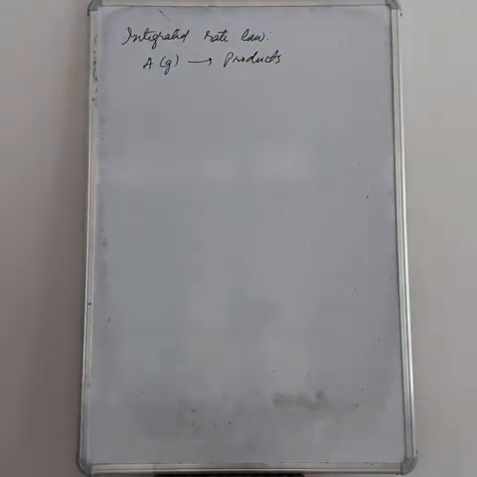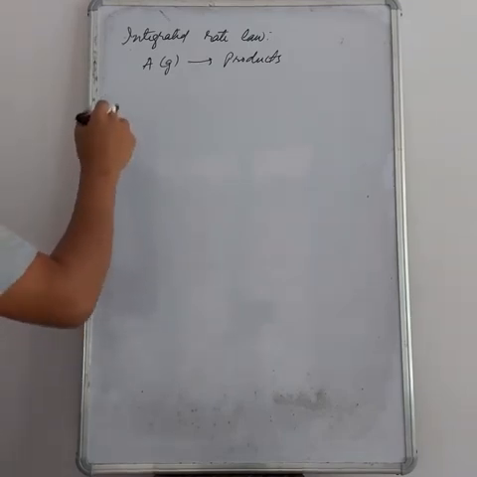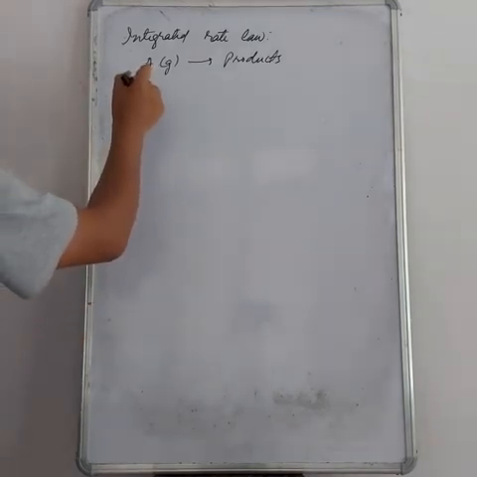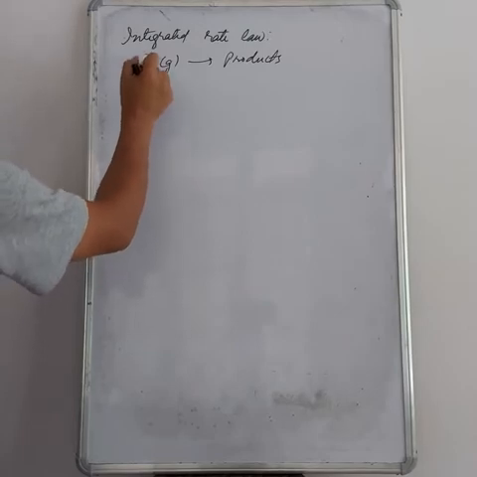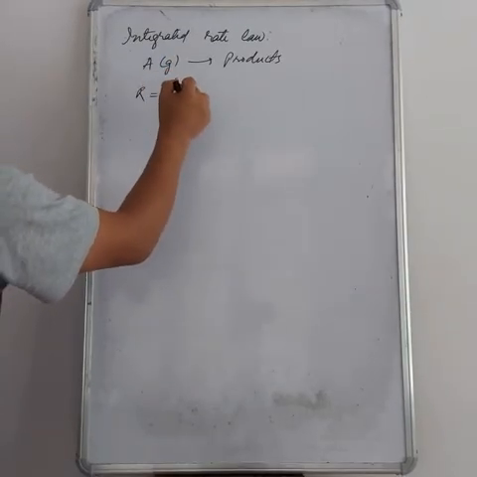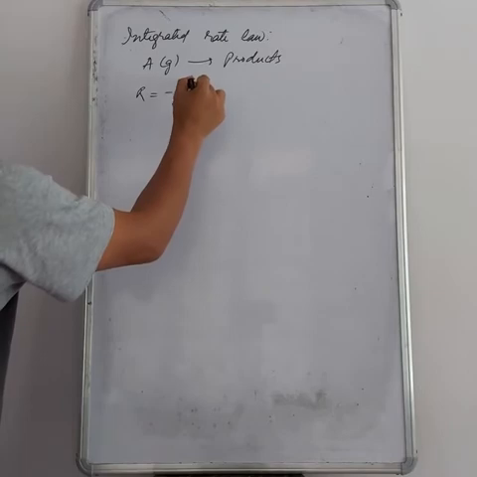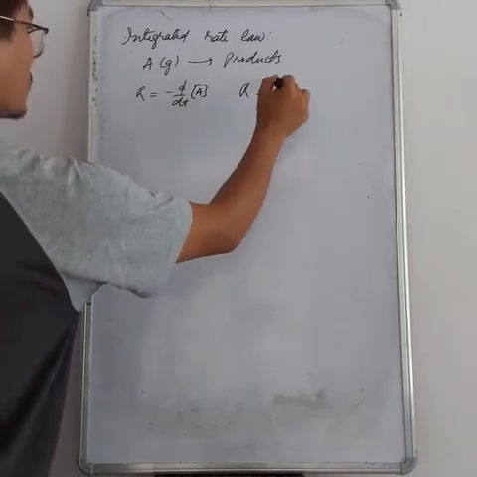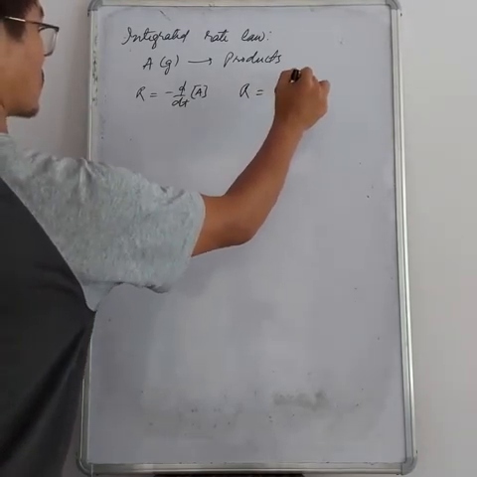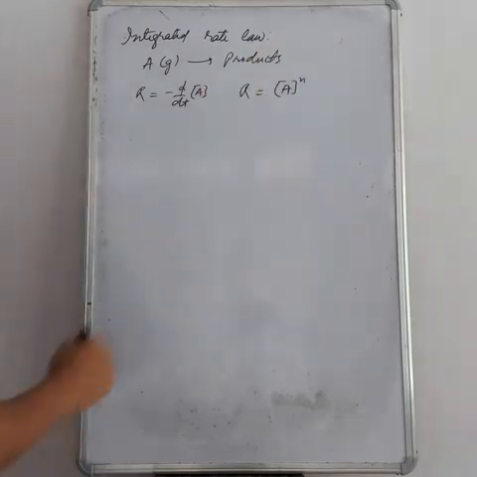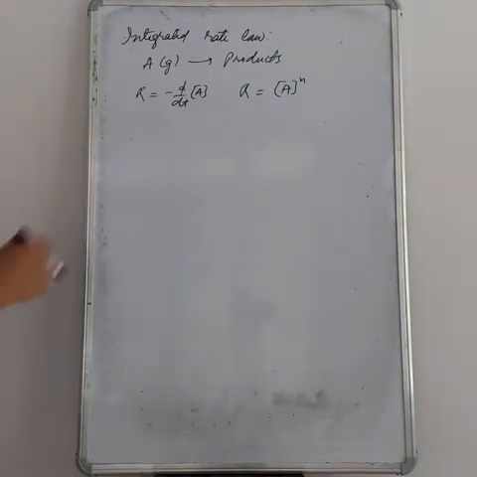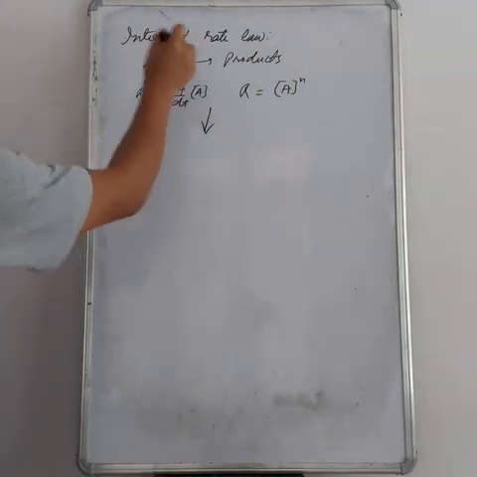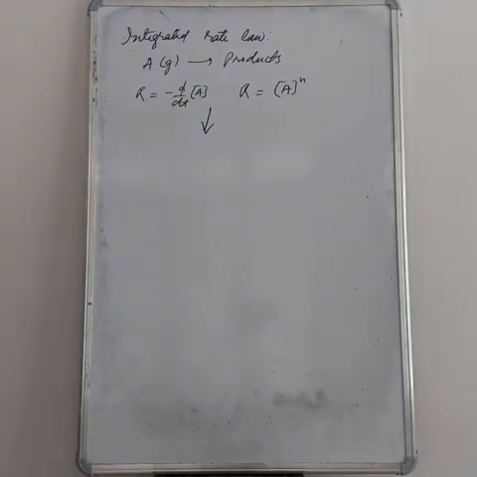Now we know that the rate of the reaction is equal to the disappearance of this reactant over time, the instantaneous rate of the reaction, or rate is also equal to k times the concentration of A raised to the power n. And if we integrate this, then we're getting the integrated rate law.